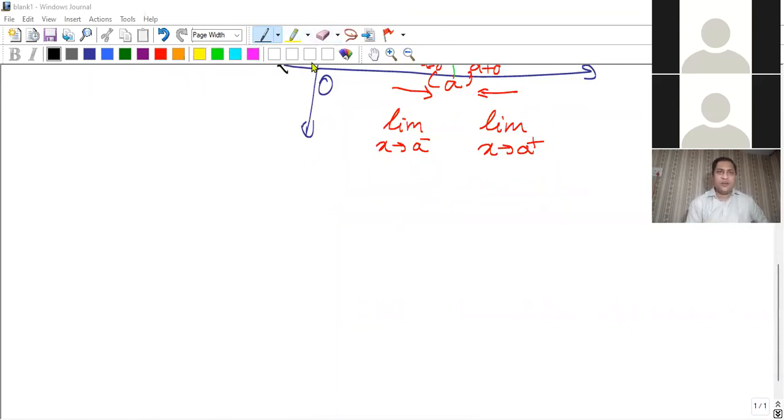Good job. Now we'll write the definition of continuity. Continuity of function.